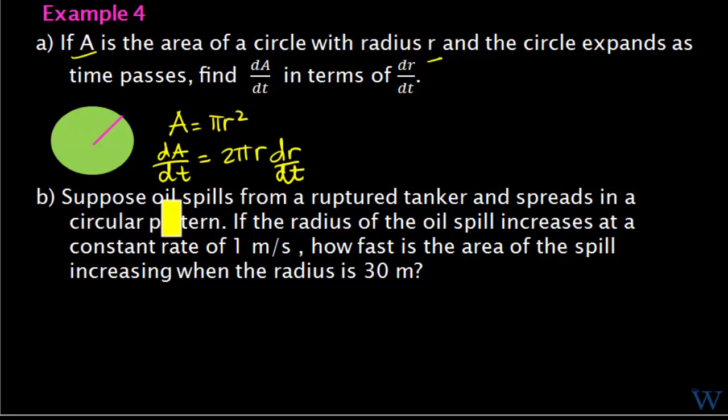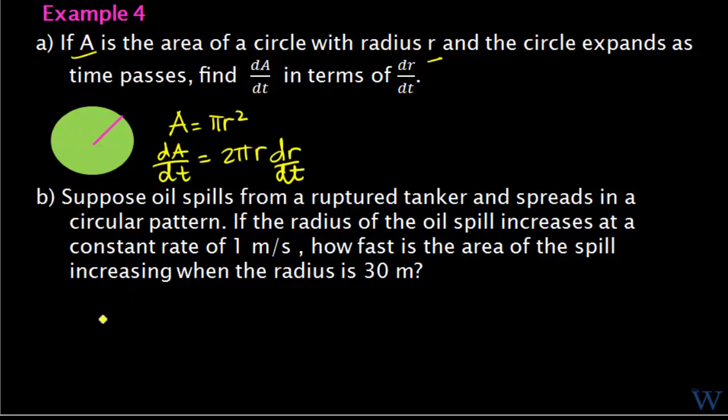Suppose oil spills from a ruptured tanker and spreads in a circular pattern. If the radius of the oil spill increases at a constant rate of 1 meter per second, how fast is the area of the spill increasing when the radius is 30 meters? Really it's just an application of what we've already gotten here.